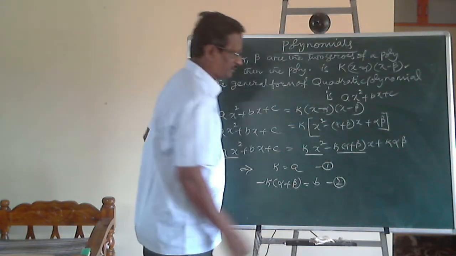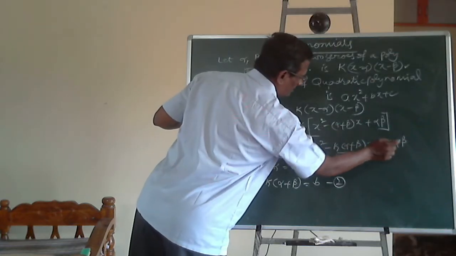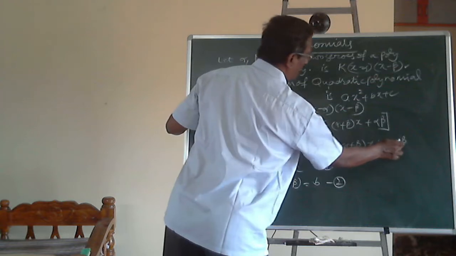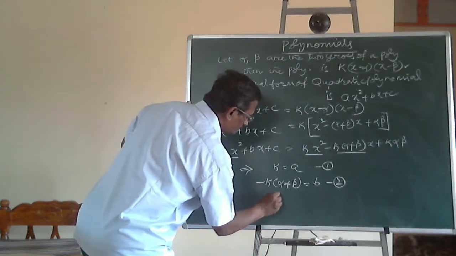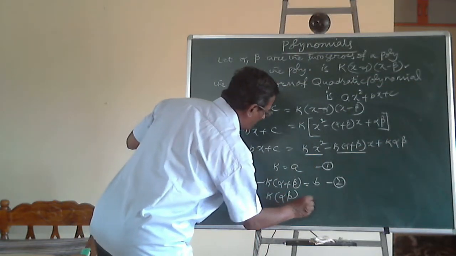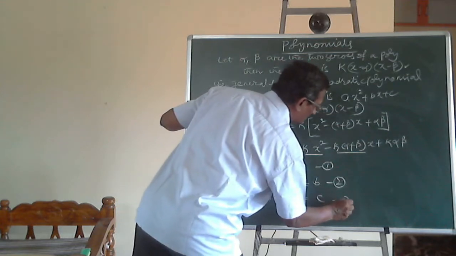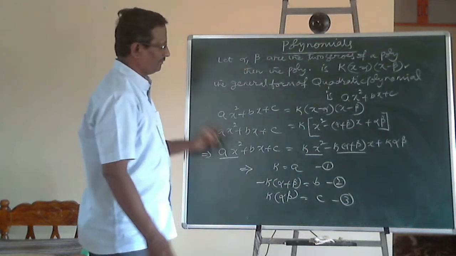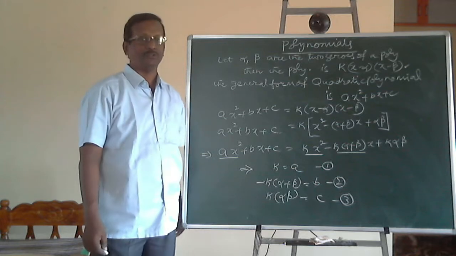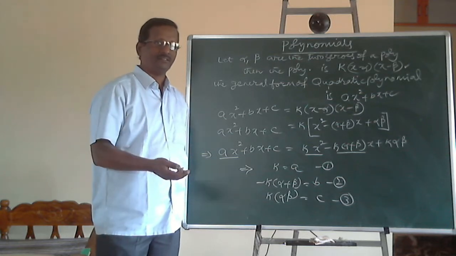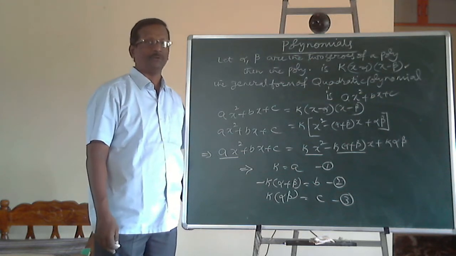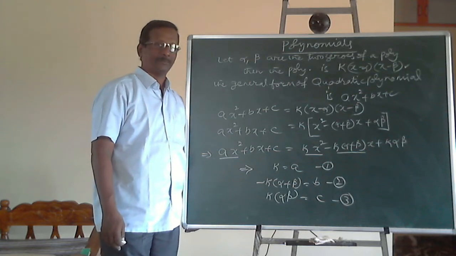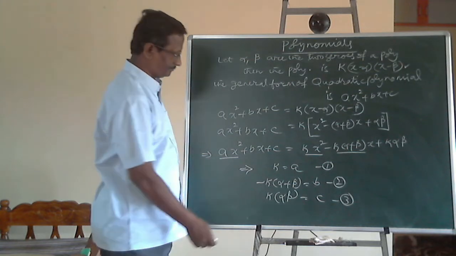On comparing constants, k into alpha into beta is equal to c. This is 3. Now, with the help of these 3, it is possible to find out the sum of the zeros of the polynomial and the product of the zeros of the polynomial.